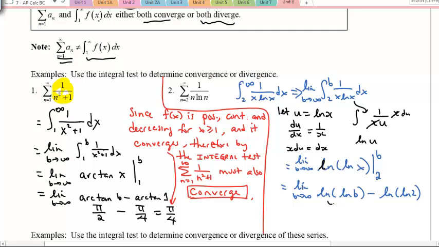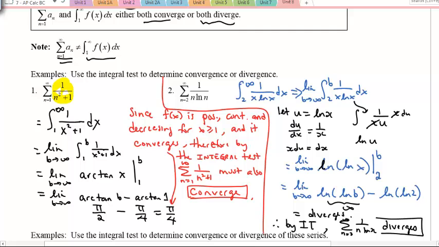Ln of infinity is still infinity, so we know this diverges. I'm not going to write that big long blurb again, but I'll just say therefore by the integral test, and I'm just going to use IT to represent integral test, the series that we're talking about here must also diverge. There we have it.